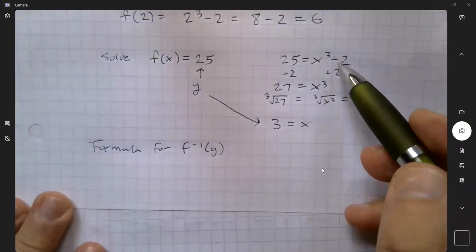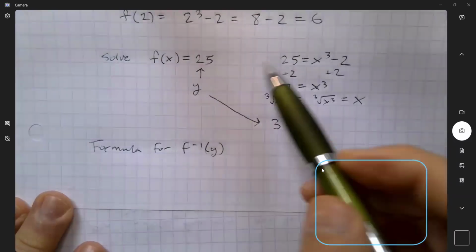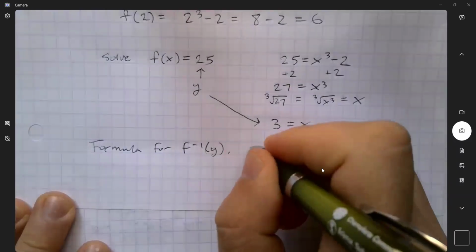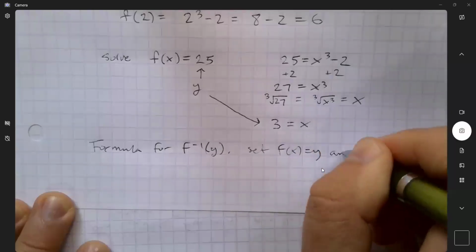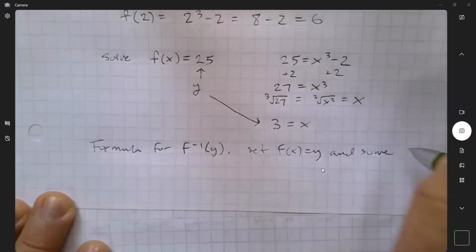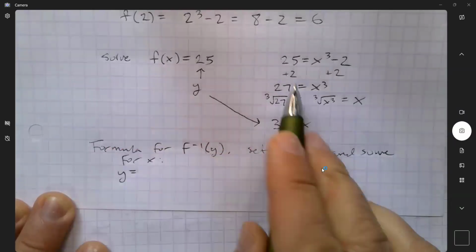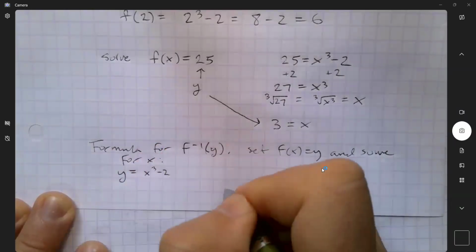The process is the exact same as solving for a specific value. Here I said y is 25 and I solved for x. Set f of x equal to y and solve for x. So instead of 25 equals x cubed minus 2, I just say y equals x cubed minus 2.